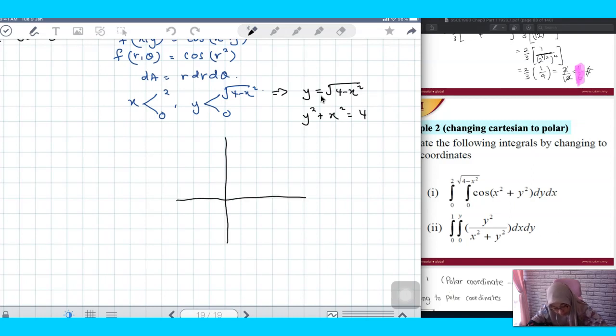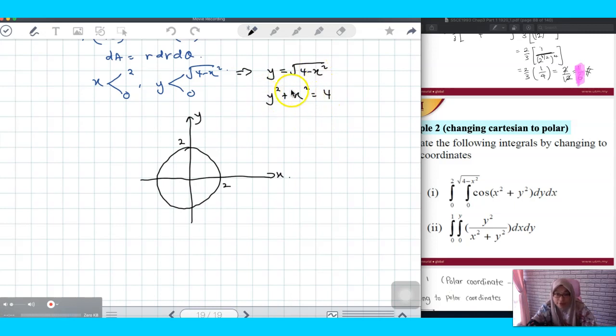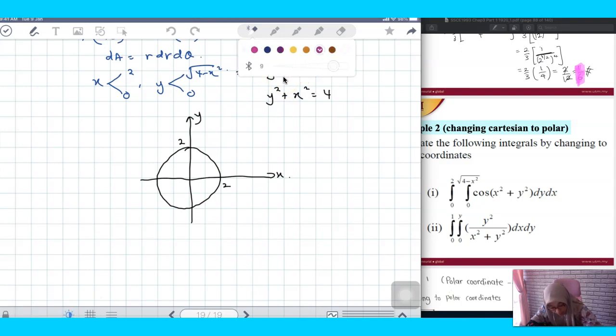From the equation that we have, on the xy-plane, that is the graph that we have, but we know that the y is always positive, so we only have the graph on the positive part of y.